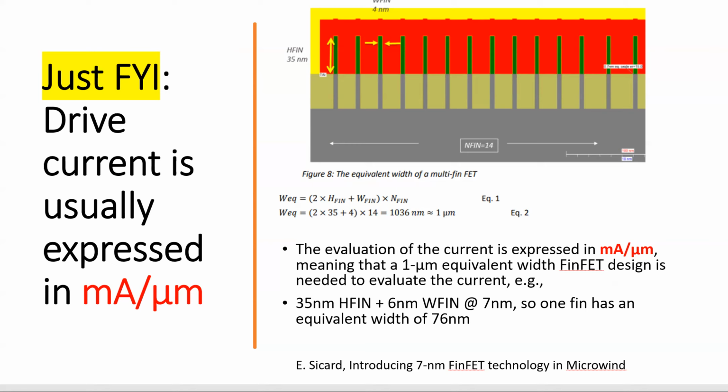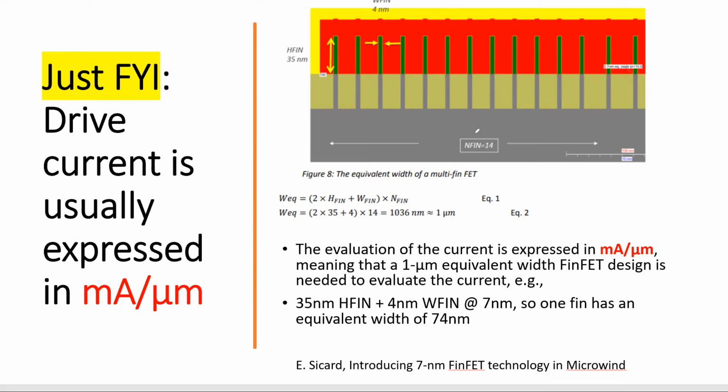Let me correct it. It means that to get 1 micron in width, you need 14 fins. If you have a taller fin, then you need a smaller number of fins.